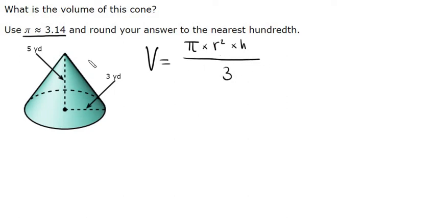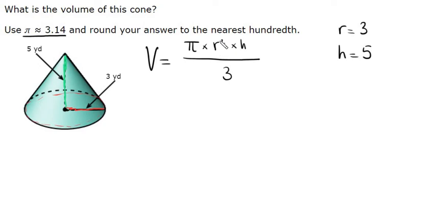R is the radius, so r is equal to 3, because this is the radius of the base of the cone. The base is a circle. And the height is going to be 5, so h is equal to 5.